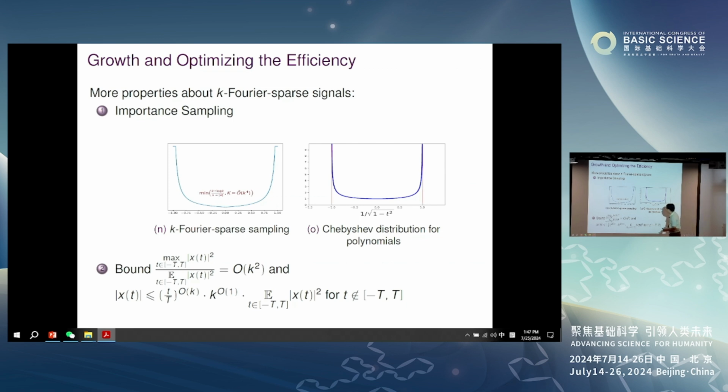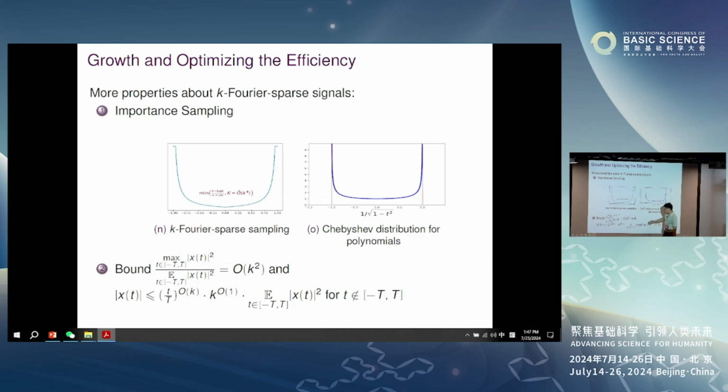So one thing is when we query the input data, we should not use the uniform distribution. We should use a distribution biased towards the edge. This is kind of similar to the Chebyshev distributions for polynomials. If you want to interpolate a polynomial, the right way to sample the points is from the Chebyshev distribution, not from the uniform distribution.